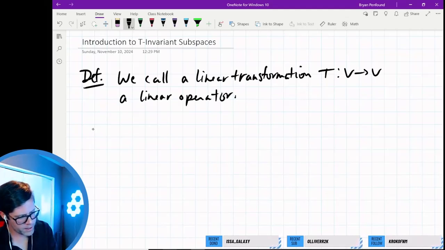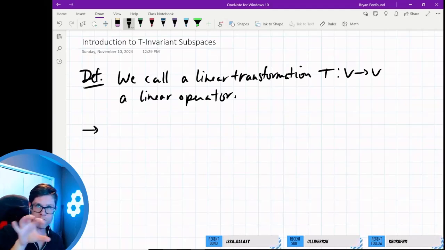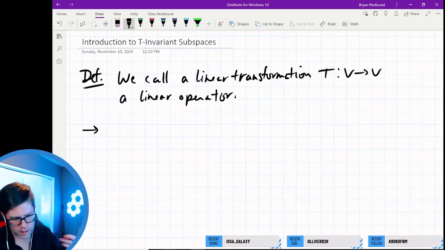And a couple things pop into mind if I'm thinking about a vector space getting mapped into itself. I might be curious about how, if I have this rule that describes T, how does it change if I choose different ordered bases? So that's one thing that we might want to think about.